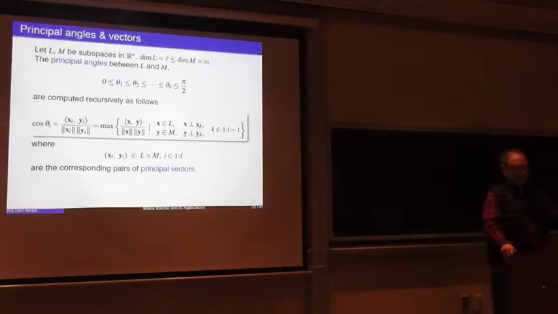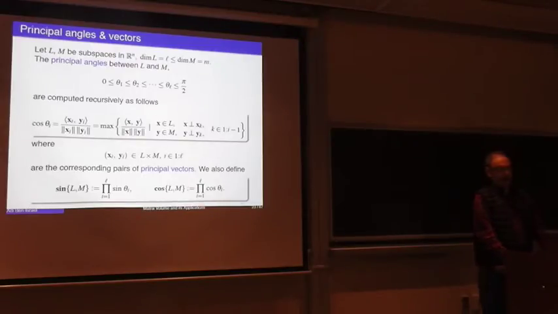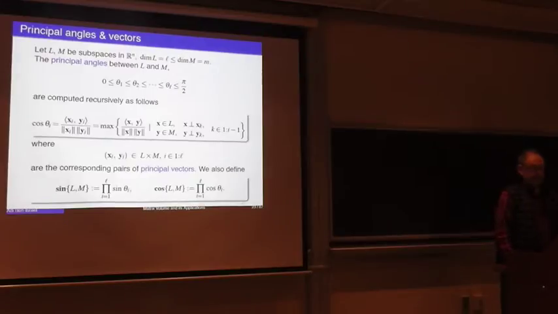This is a nice way to look at this, but to calculate them, we use the singular values of the product of the projection on L and the projection on M. So this is a very well-known result, at least from 1955, some papers by Afriat in the Proceedings of the Cambridge Philosophical Society.